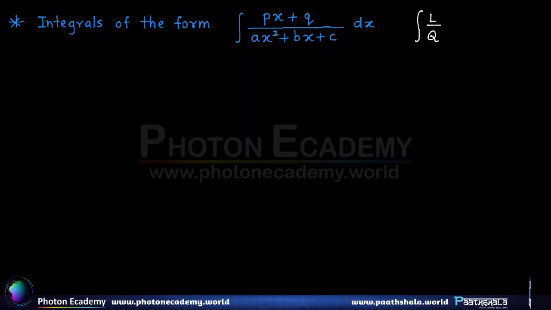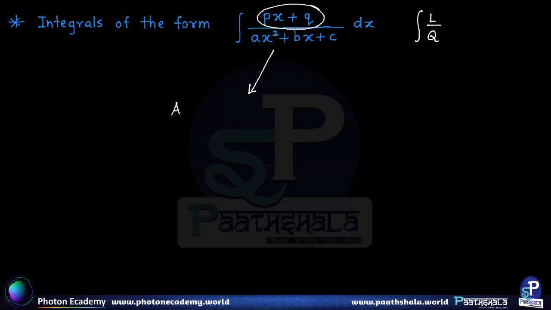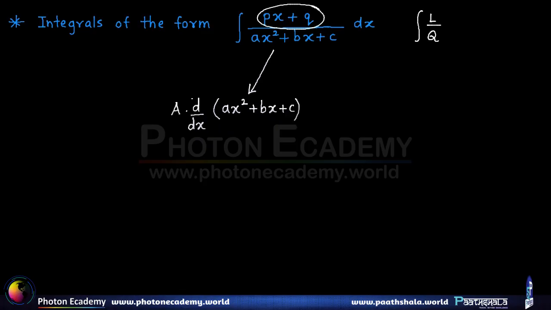So if it is of the form linear upon quadratic, see what we have to do is this numerator we have to somehow write as some unknown constant, say A, into the derivative of denominator, that is ax square plus bx plus c, plus some constant B, right.